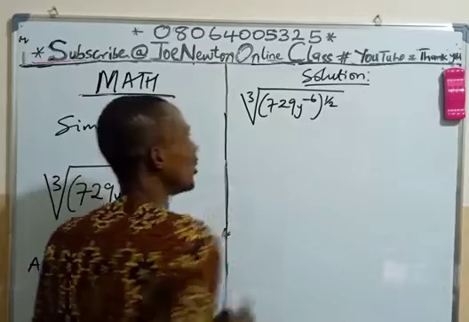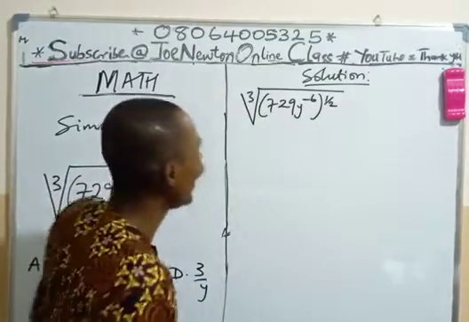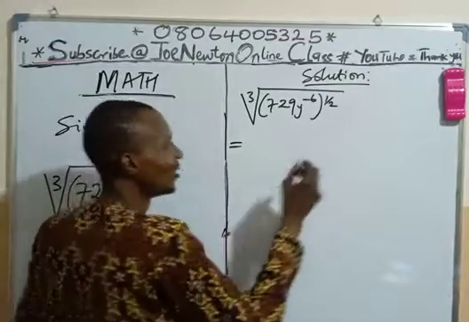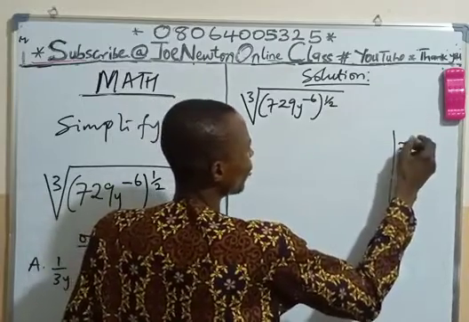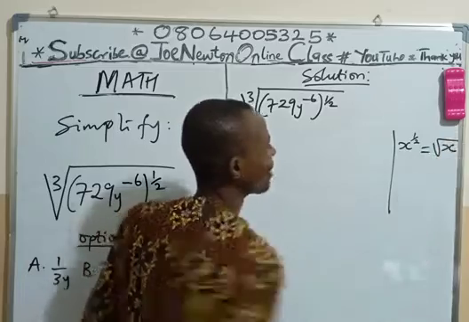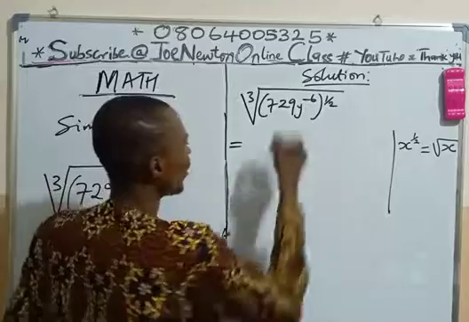Now, solution. The first thing we have to do here is to solve the inner square root. Of course, you know mathematically, if you have x raised to power 1 over 2, it means square root of x. Right? So with this knowledge, we continue.